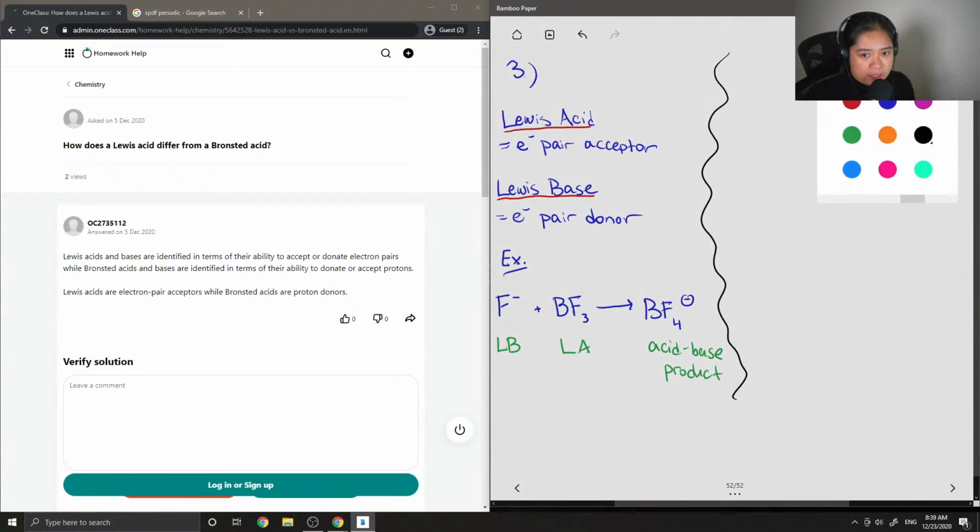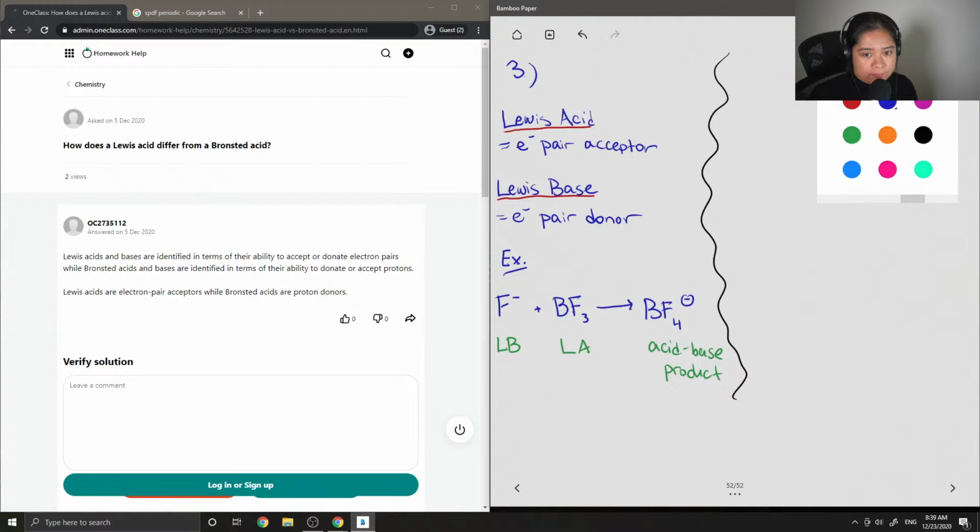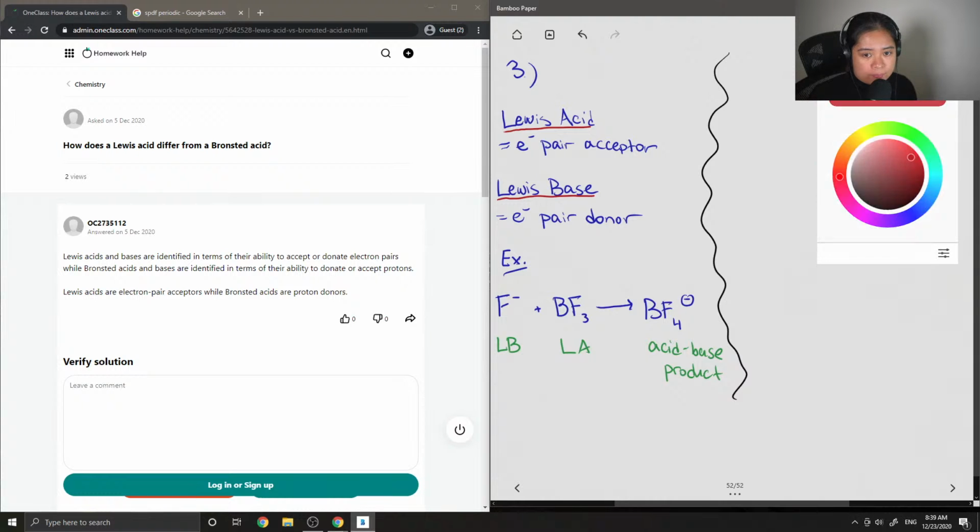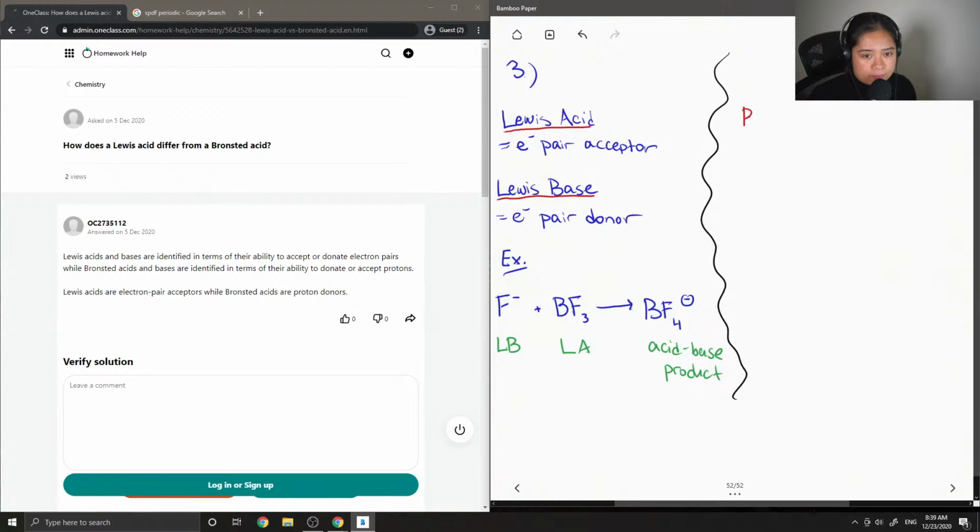Now let's compare it to a Bronsted acid and Bronsted base. So a Bronsted acid is defined as a proton donor.